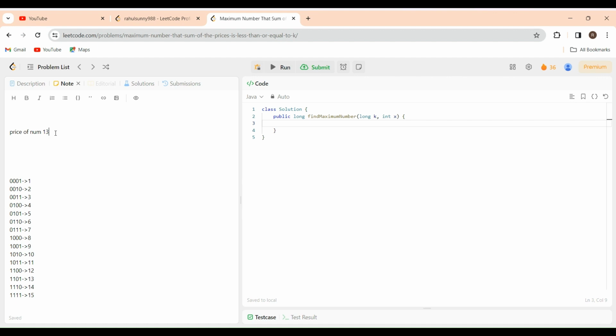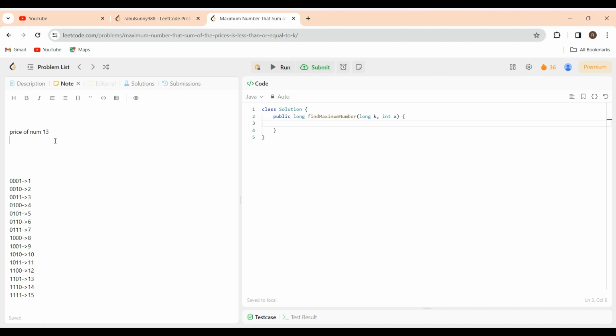For knowing the price of num 13, we need to keep track of the most significant bit. The leftmost bit will be the most significant bit, and the rightmost bit will be the least significant bit. Most means it is the higher priority bit. Higher priority bits will always be on the left side, and lower priority bits on the right side.